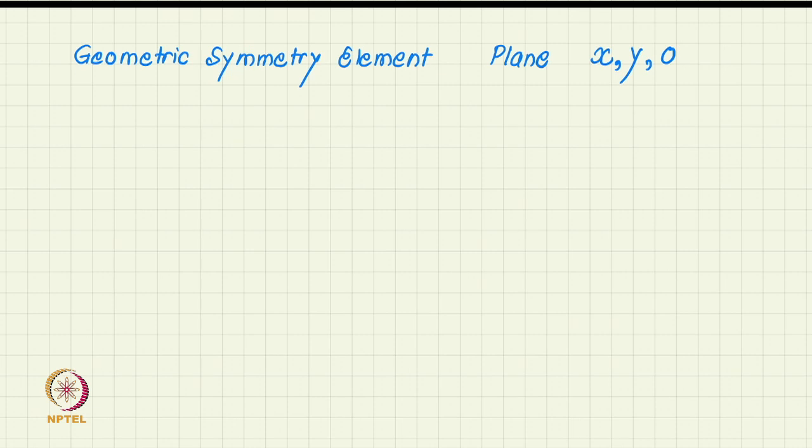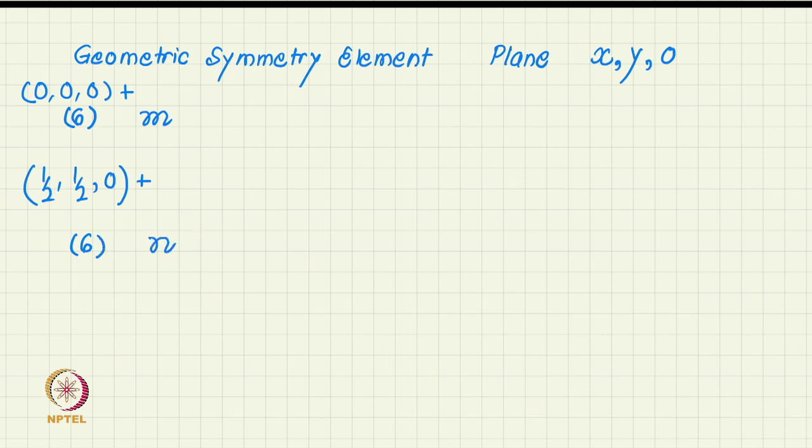But this geometric element is associated with more than one symmetry operation, and in this case symmetry operation 6. For the 0 plus block, you get an operation 6, in which case it was a mirror reflection. And when we looked at the half of 0 block, that is the same operation with centering translation, it became an n glide operation.